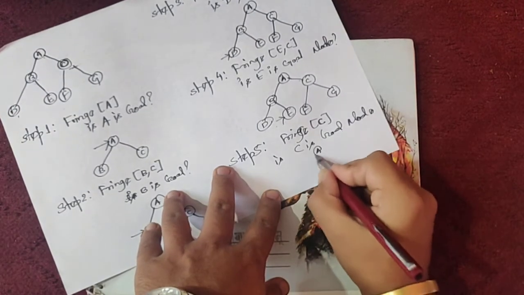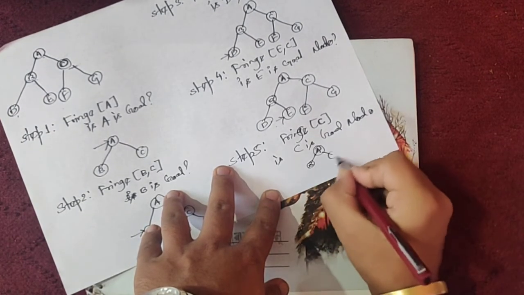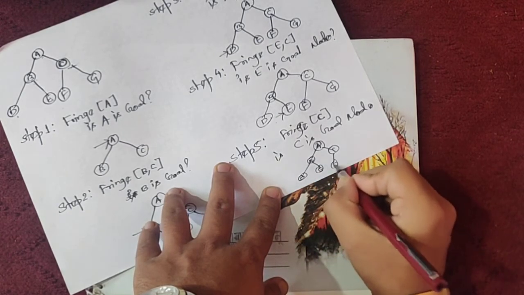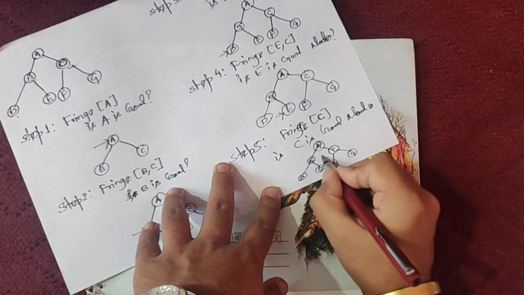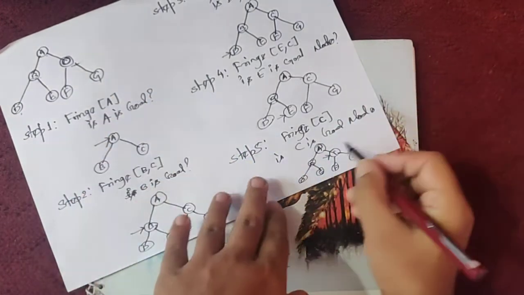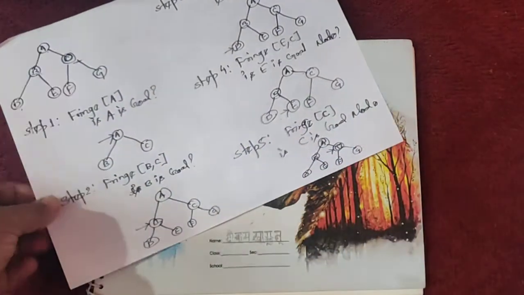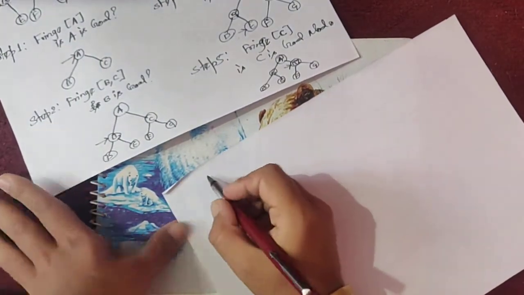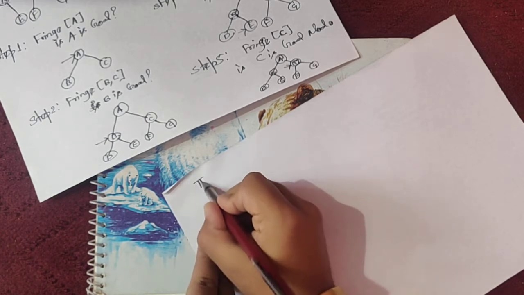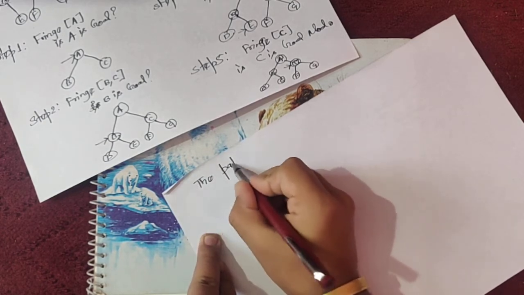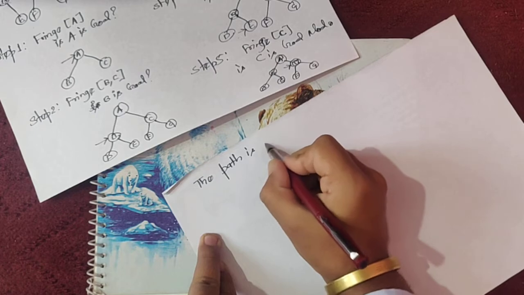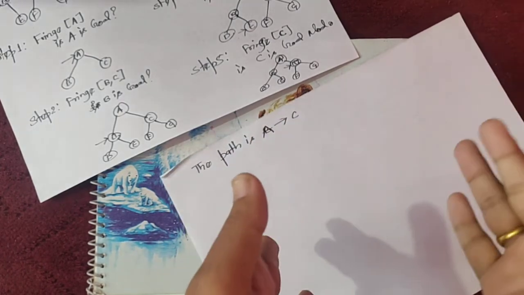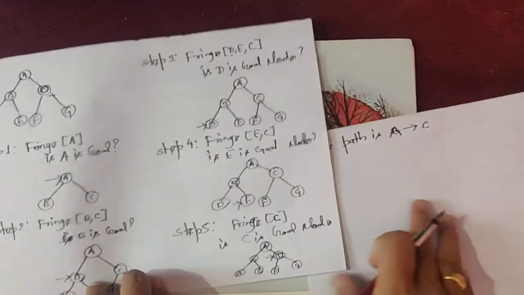Yes, it is a goal node. So we have reached the goal here, and we terminate the search. So our required path is A to C.